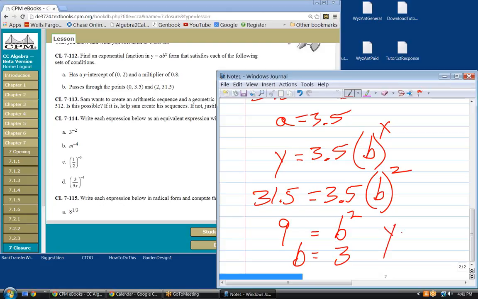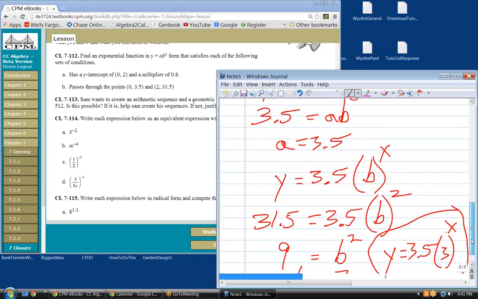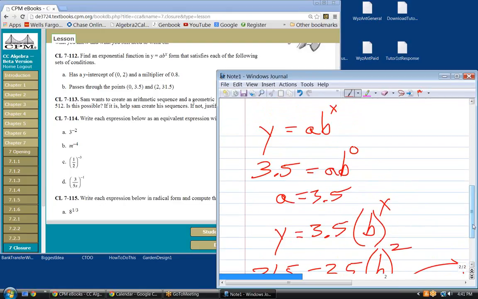y equals what? 3.5 times 3 to the x. When we get back to our final answer, we always have an x and a y in there. In other words, we start with y equals a b to the x.